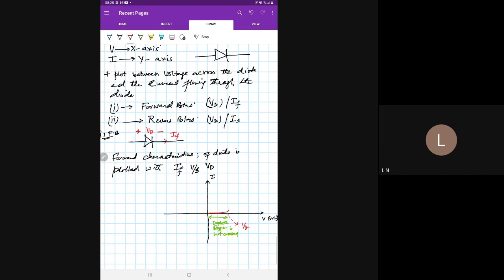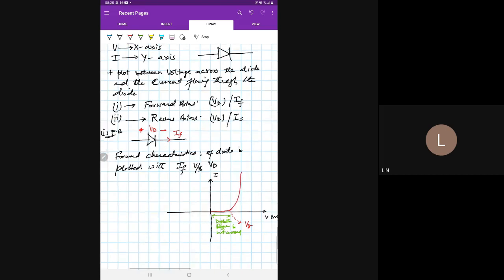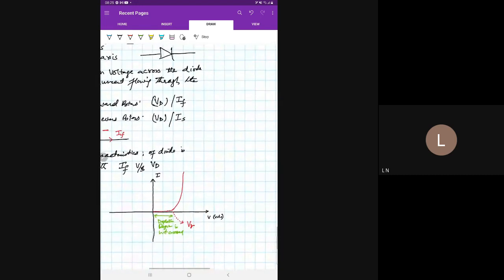I'll draw it here, because we know that I of F, or I, is equal to I of S times e to the power VD by eta VT. The current is approximated as exponential variation in the diode.